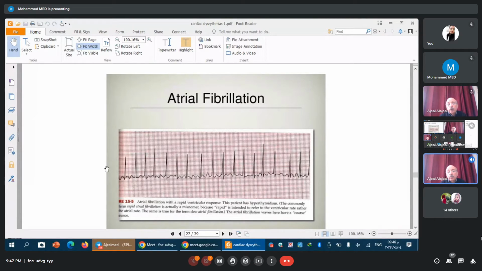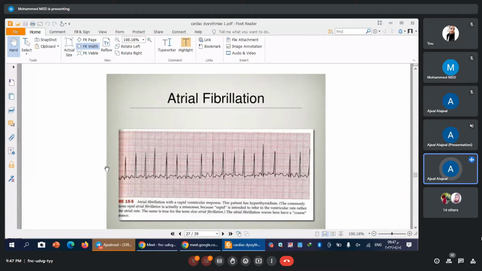Okay, and then I will wait. Most recent atrial fibrillation, probably over 80%, will finish spontaneously. If after 3 days or 4 days, or in this slide they said up to 7 days, but I don't agree, I usually wait for only 3 days.